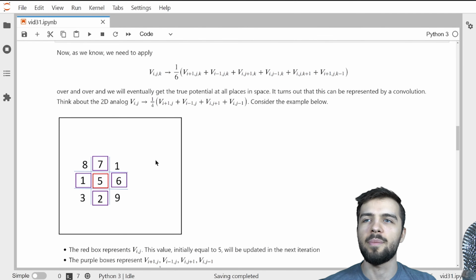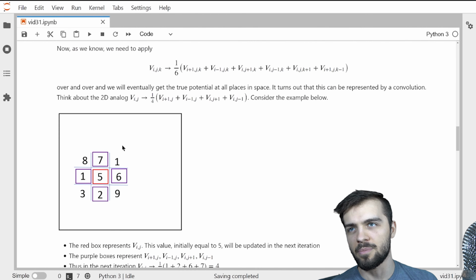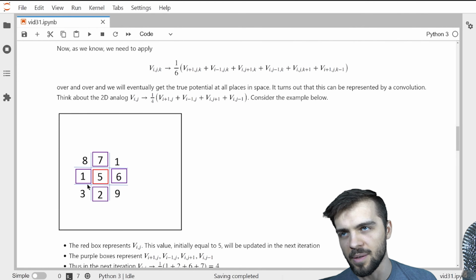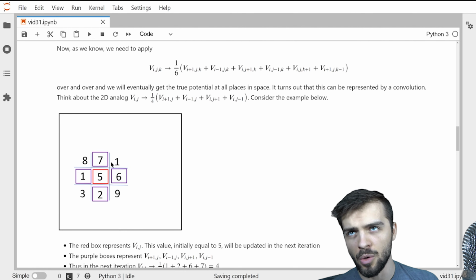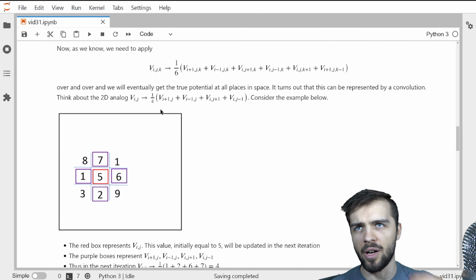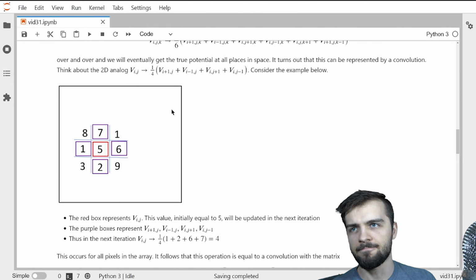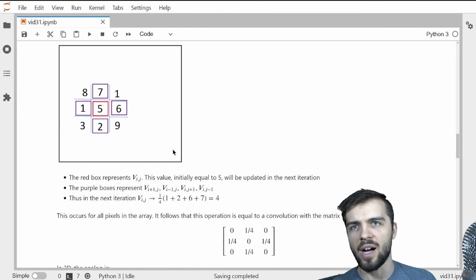So consider this example, and suppose that this is a region in a big 2D array, and I'm at point 5, which is Vij, and these are Vij plus 1, Vi plus 1 j, Vj minus 1 i, etc. And so we want to know what exactly is going on here when I do this operation. The red box represents Vij, that's 5, and it's going to be updated in the next iteration.